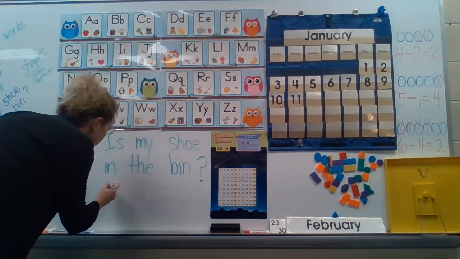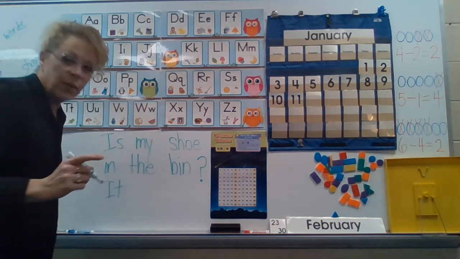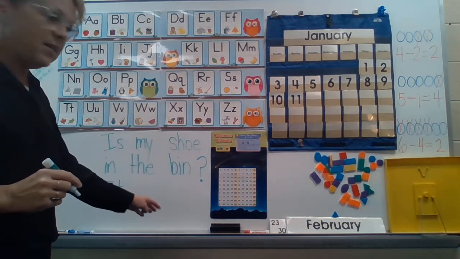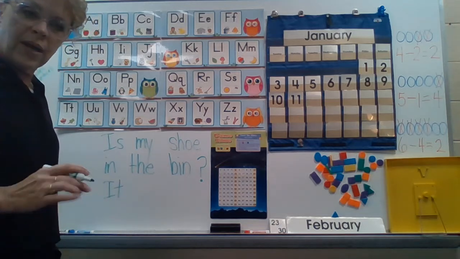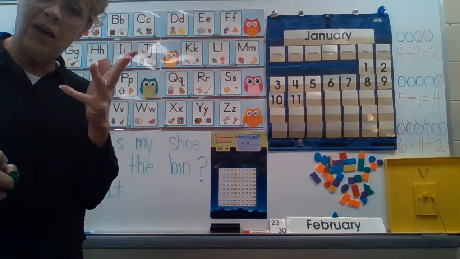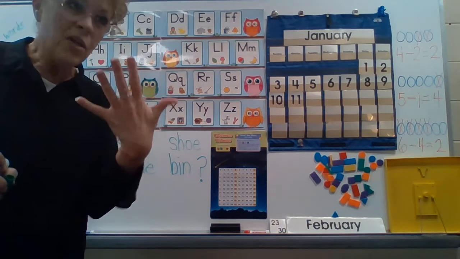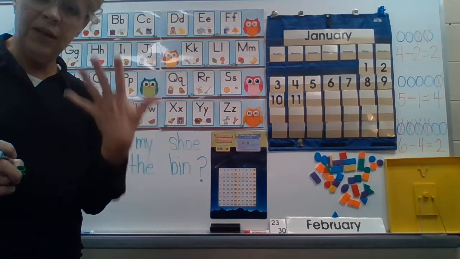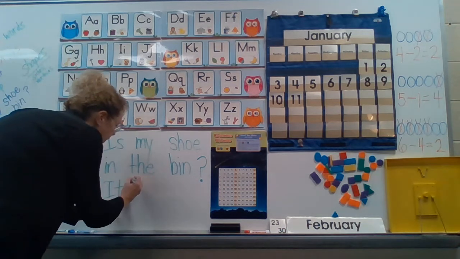I'm going to use a capital I for it. Now, you might not have enough room on your marker board to finish the second sentence. If you have to erase the first one to start the second one, that's okay. So we're going to say, it is in the tin. That's a metal container. So the shoe didn't make it in the bin, but it got in the tin apparently. All right, 5 words. It, leave a nice space, is.